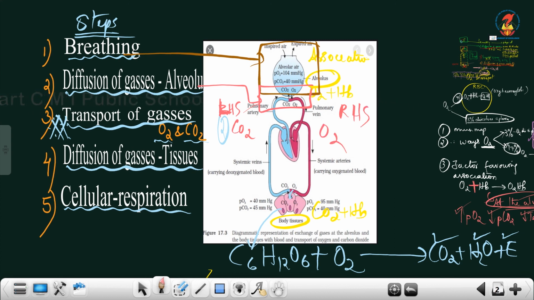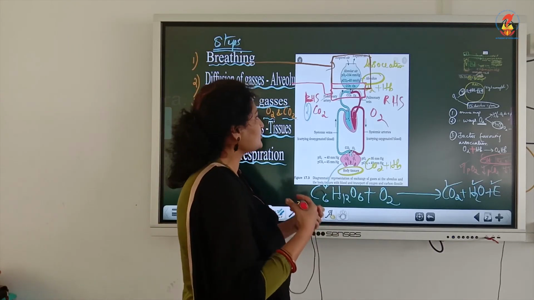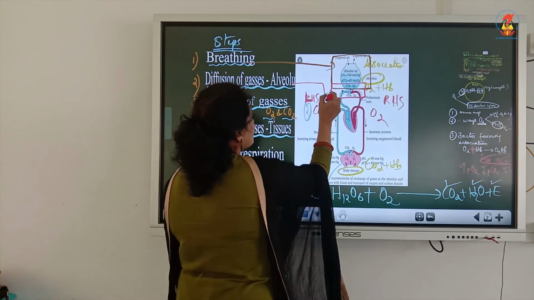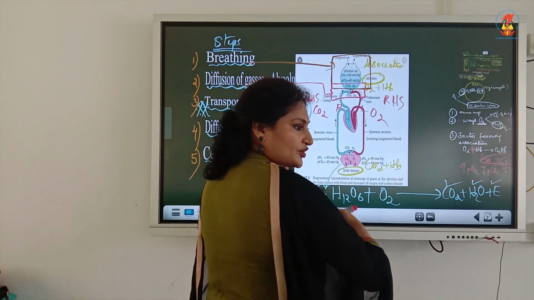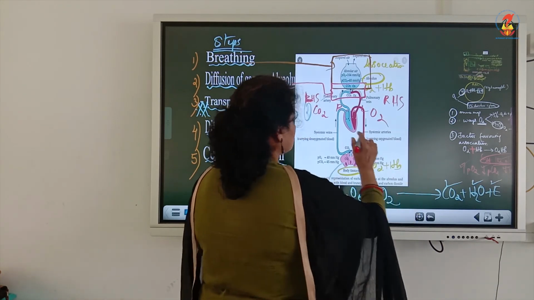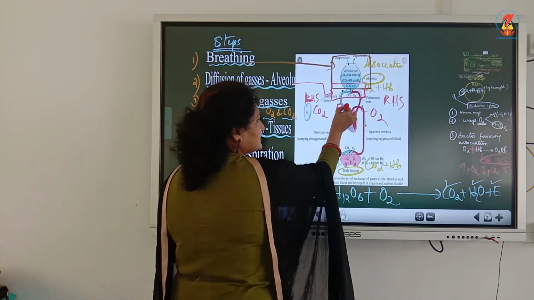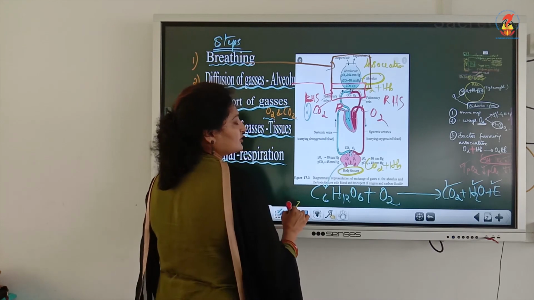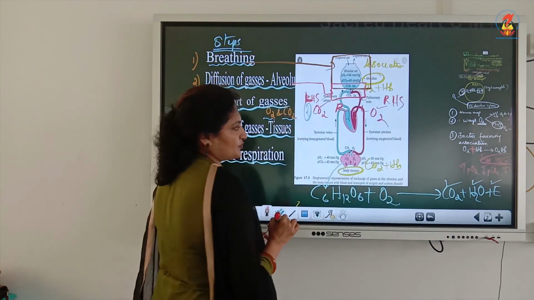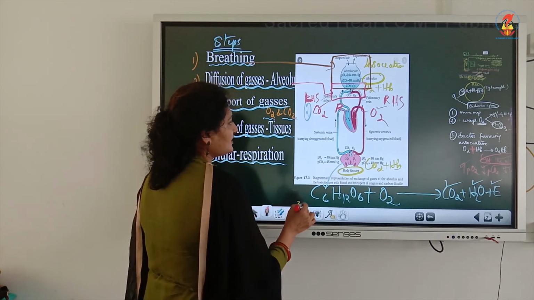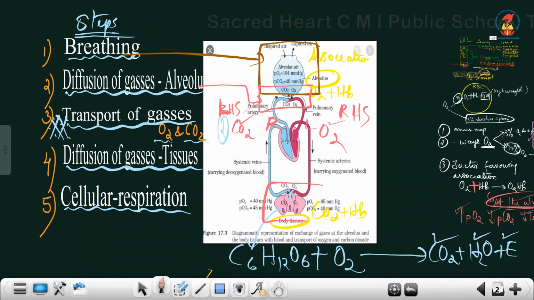Or you talk in terms of the position of the heart. Better you don't talk with respect to writing or drawing, you talk with the position of the heart. This is the right and this is the left. But when you are drawing or writing, this is the left hand side and right hand side. So you go with the heart. The right side is dealing with carbon dioxide transport. The left side is dealing with oxygen transport. Then here, diffusion of gases at the cellular level.